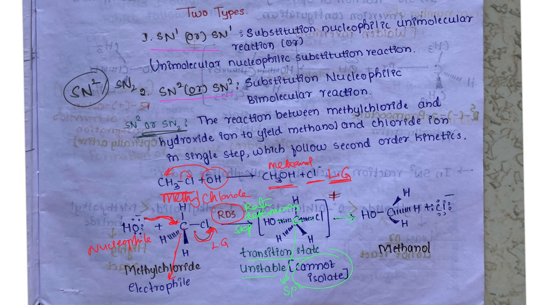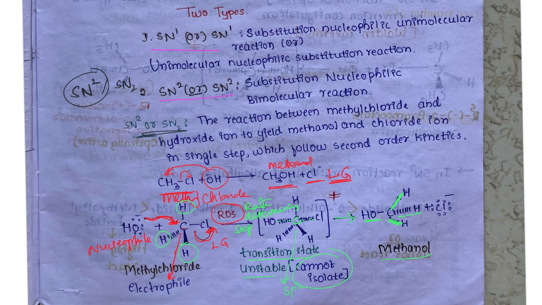Here the OH attacks from the back side, and the remaining three groups are: one normal line, one dotted line, and one dark line. So this is methanol, an inverted structure. But we cannot say R configuration or S configuration here, because all hydrogens are the same, so R/S configuration is not applicable.